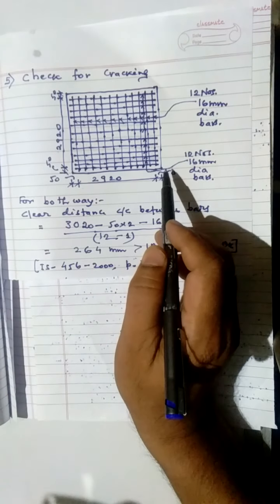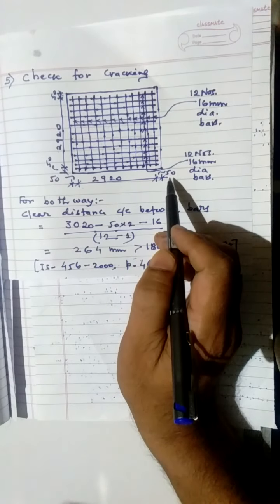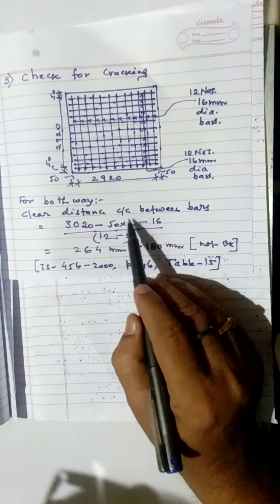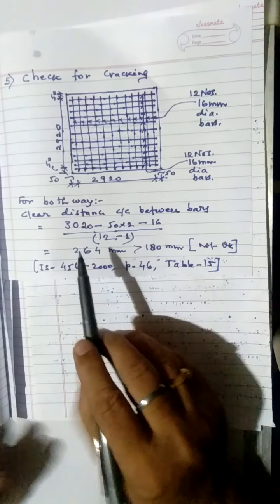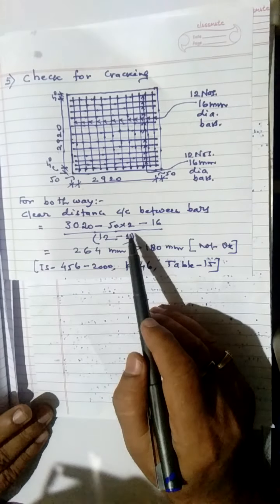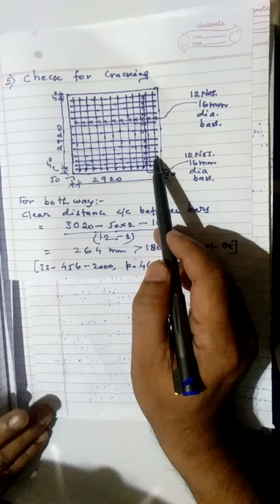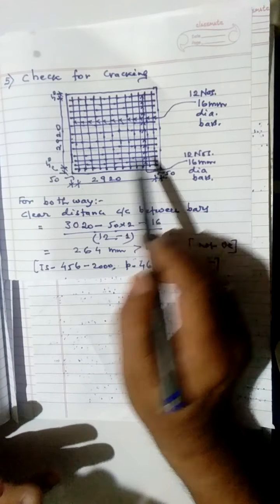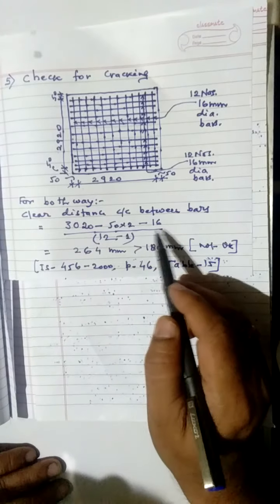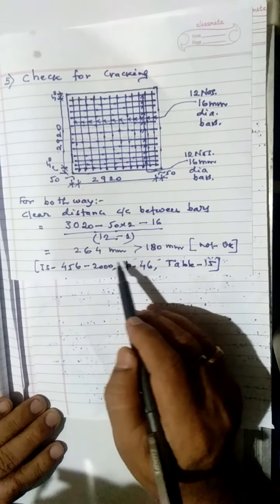So if you deduct the end edge cover, that is 50 millimeter, we get the clear distance center to center between bars equal to 3020 minus both side cover, that is 50 into 2, minus half of the last bar diameter 16 by 2 and minus 16 by 2, so minus 16 taken together, divided by the total number of bars minus 1, 12 minus 1, so this comes 264 millimeter.